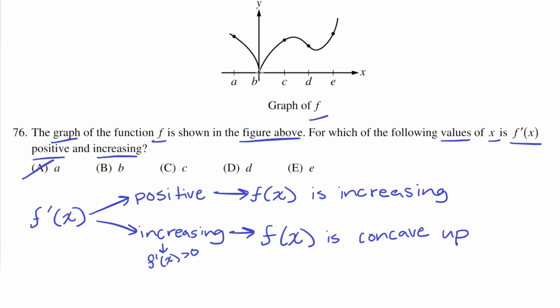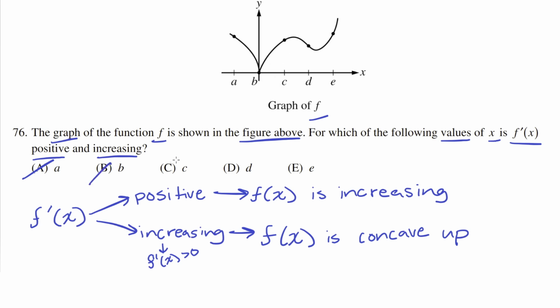Okay, then let's look at point B. Point B here is at a point on the graph that is neither increasing or decreasing. It's at this corner where this function was going down initially, and then to the right of it, it's increasing. So that means at point B, the function is neither increasing nor decreasing.